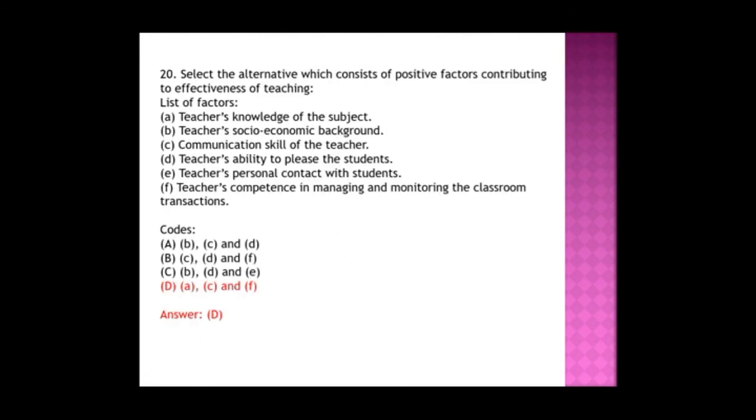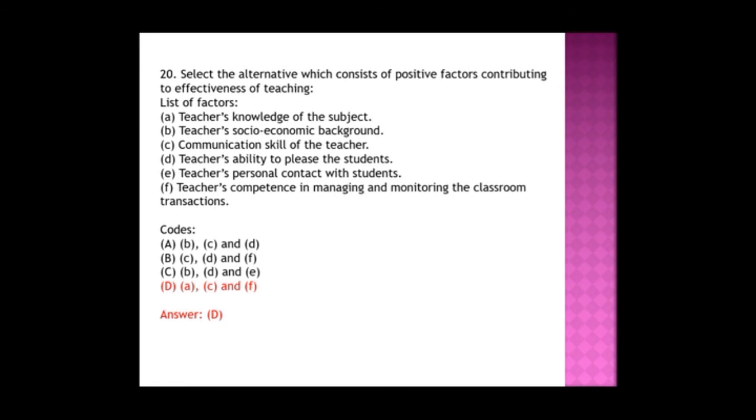And the last question is, select the alternative which consists of positive factors contributing to effectiveness of teaching. The factors are: A is teacher's knowledge of the subject, B is teacher's socio-economic background, C is communication skill of the teacher, D is teacher's ability to please the students, E is teacher's personal contact with the students, and F is teacher's competence in managing and monitoring the classroom transaction.